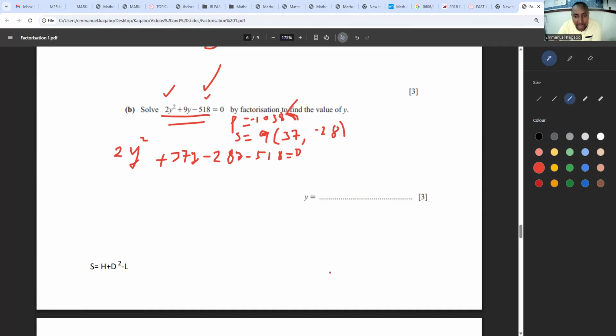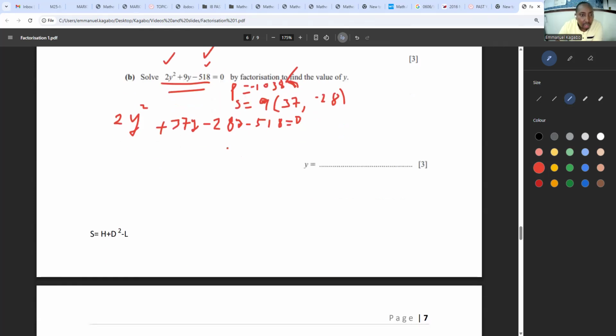Now, here the common factor is only y. So I'll get y times 37, because 37 is a prime number. Minus, now this will be 28, most likely. Let me confirm with the calculator, 518 divided by 28.